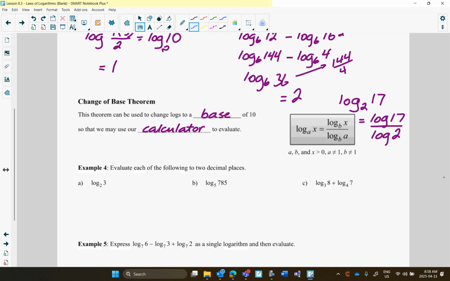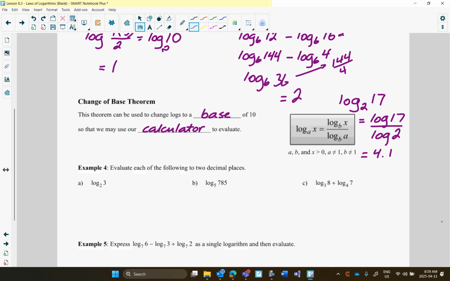So now to do this, you have to use your calculator. If you did log 17 divided by log 2 on your calculator, remember we said it should be 4 point something. We get 4.087, or approximately 4.1.